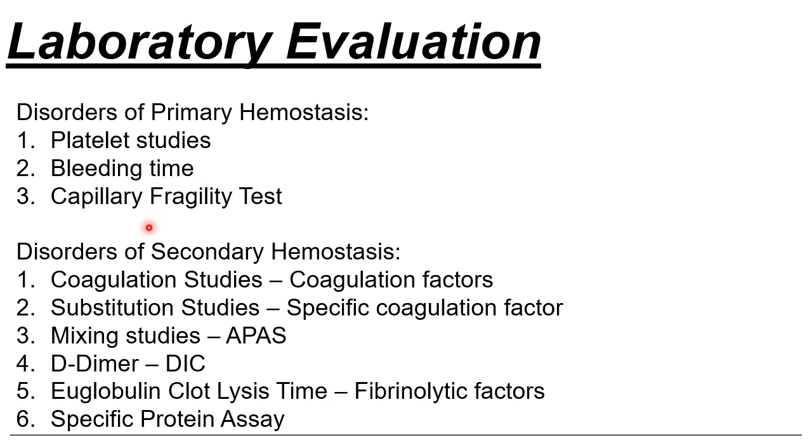Okay? In disorders of secondary hemostasis, the routine tests done here are not all commonly done in hospitals. Sometimes these are not available in hospitals. What you will often see are the coagulation studies such as your PT and APTT. These are often used to determine if there is a problem in the coagulation factors. The most common use of PT and APTT is for the pre-operative evaluation.